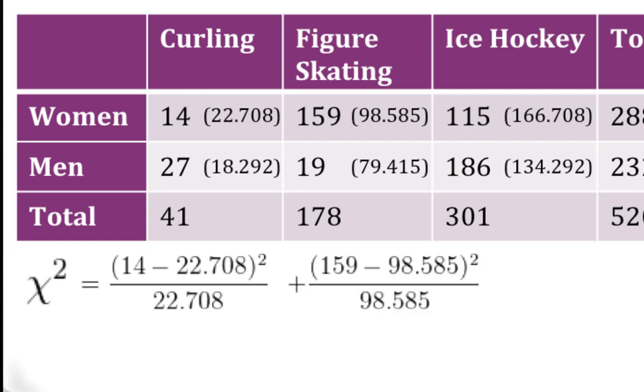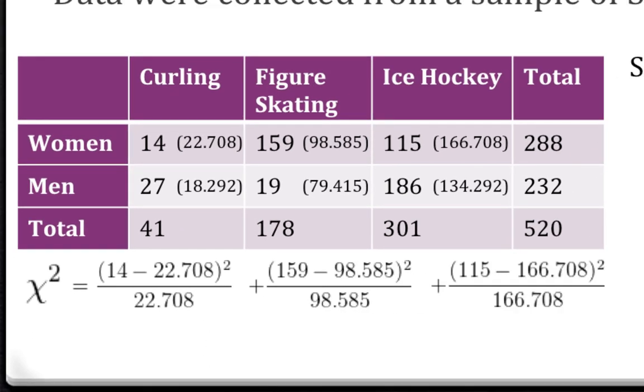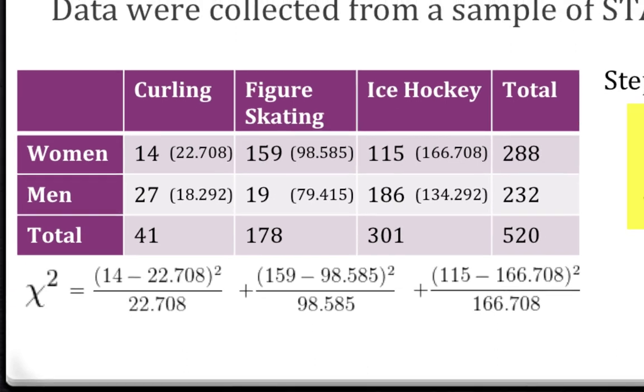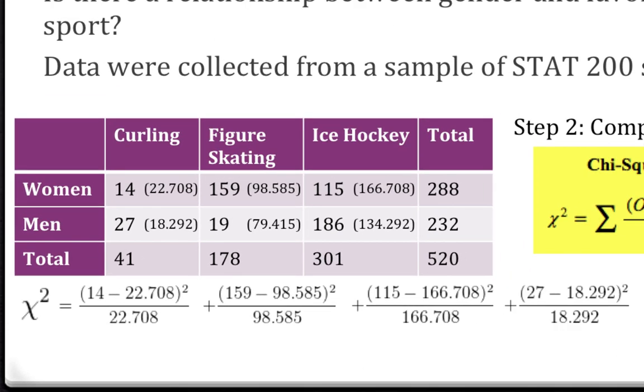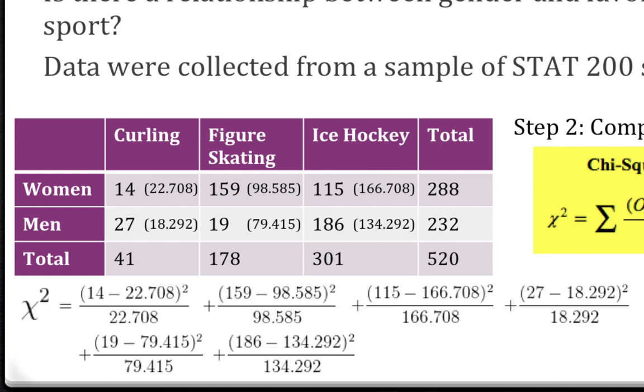Women in figure skating, women in ice hockey, men and curling, men and figure skating, and men and ice hockey, we get a chi-square test statistic of 126.417.